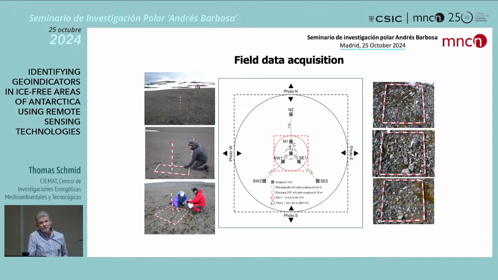Our field acquisition data, when we're trying to relate our field data with the satellite data or a sensor which is over the surface, we have to think of how do we carry out the spatial distribution. We've come up with a technique where we sample over a larger area.